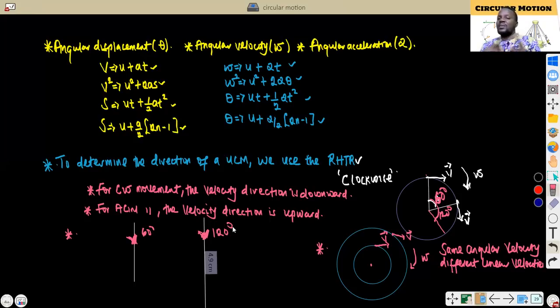Do you understand this? These are very crucial. They might look simple, but when you see them in a question, you start falling for them. The reason is because we said the speed is constant for uniform circular motion.